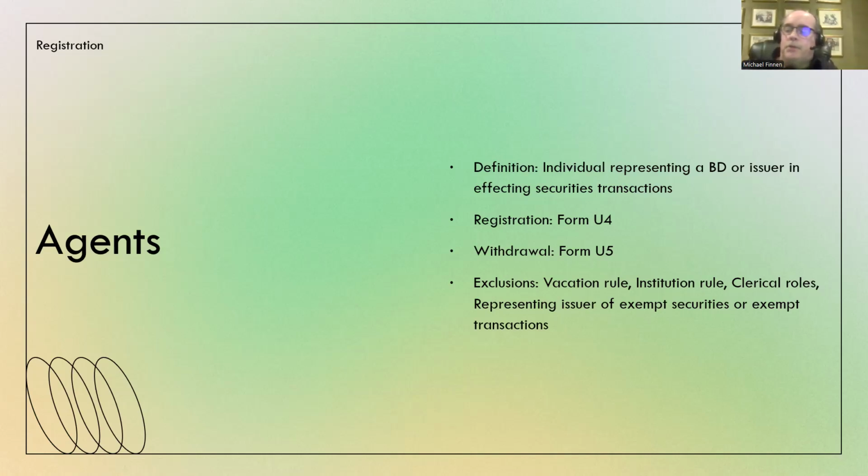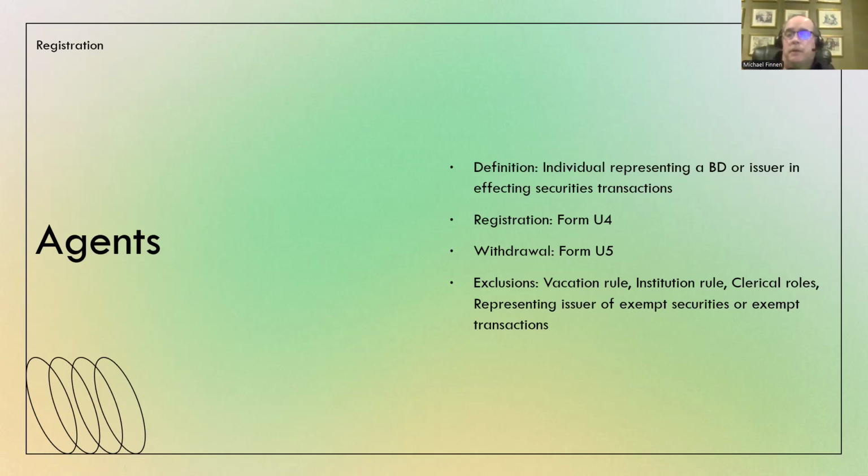Now, an agent for the issuer has to register if it is a non-exempt security. If it's an exempt security and it's an exempt transaction and you work for them, then you don't have to register. In other words, somebody who works for the government selling treasuries doesn't have to worry about it. Okay. Now, if it's somebody working for a company who's selling to the public, they have to get registered. That's the agent for the issuer.